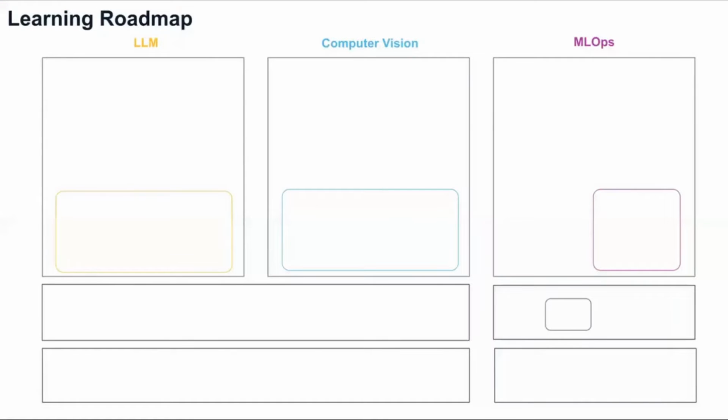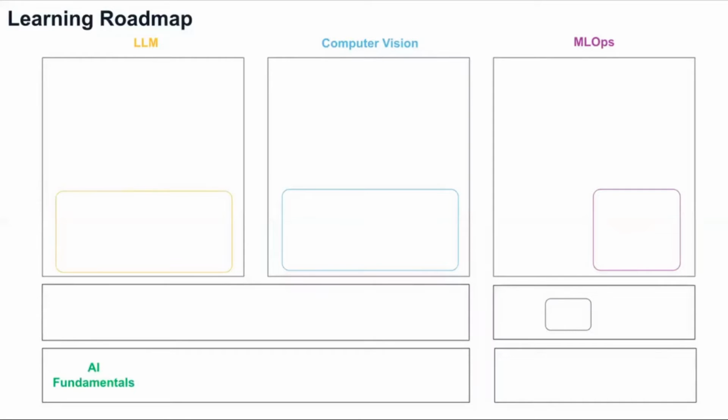So I'm going to go through this again from a different perspective, just to guide you through some sort of learning roadmap that we designed for the entire bootcamp. Again, the bootcamp has 3 courses, or actually 4: AI fundamentals, LLM, computer vision, and MLOps.